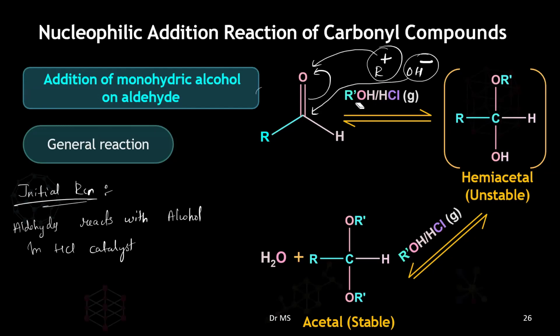We are taking monohydric alcohol, that means 1 degree alcohol, where 1 R is attached to the OH. It's a primary alcohol, you can say. And here the acid HCl is acting like a catalyst. You will be getting the acetal, which is very unstable, and then it results in formation of a stable acetal by losing the water. So the water comes as a byproduct. First one is the initial reaction, that is formation of this unstable acetal. Second one is formation of the stable acetal.